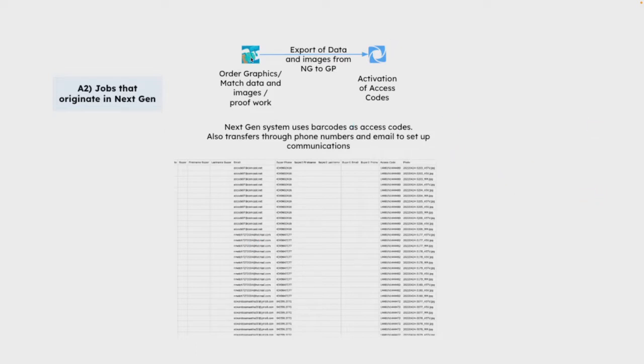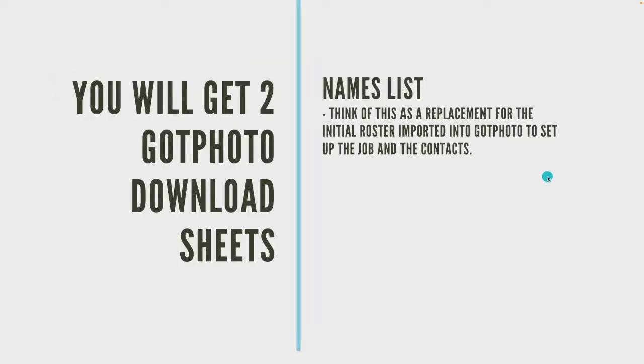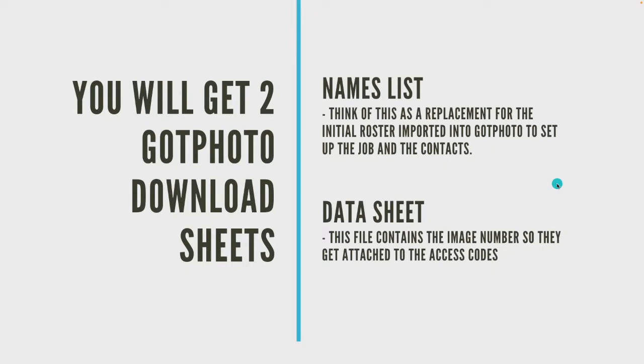But on the NextGen side, manual data match or barcode scanning, however you're doing it, just everything basically as normal. And then at the back end of the job is where you'll get 2 download sheets that can go into NextGen. One is a names list.